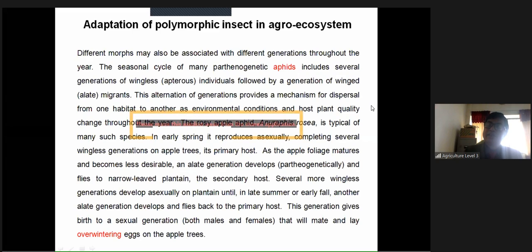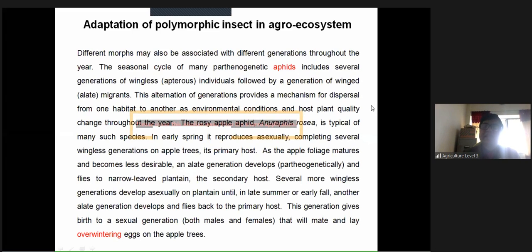And this usually happens in winter countries, when spring starts and the temperature rises. In that case, they start to produce aphids with wings, or alatiform aphids. And these winged aphids can move from the primary host to the secondary host.